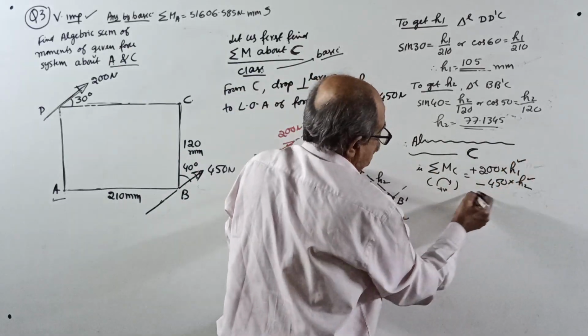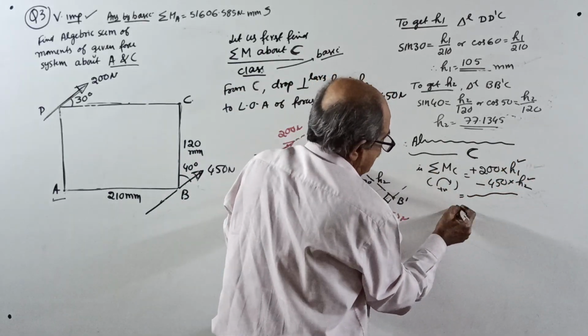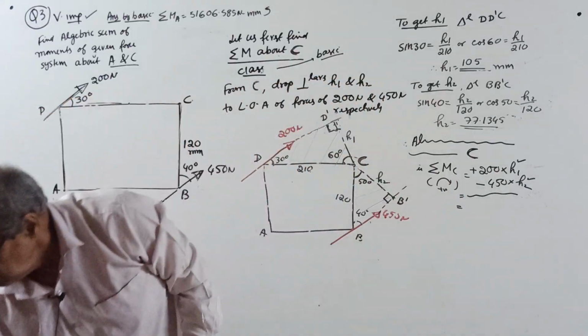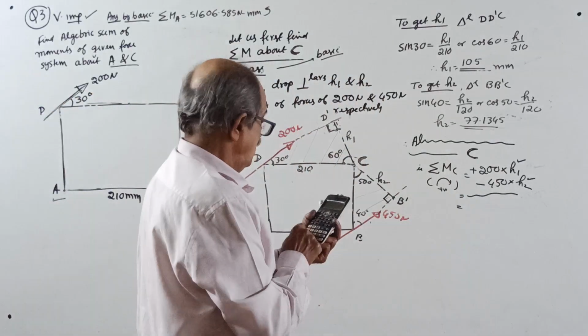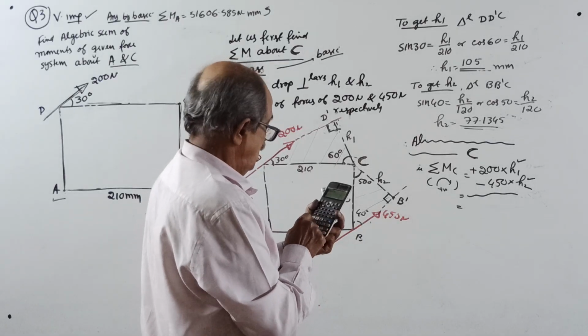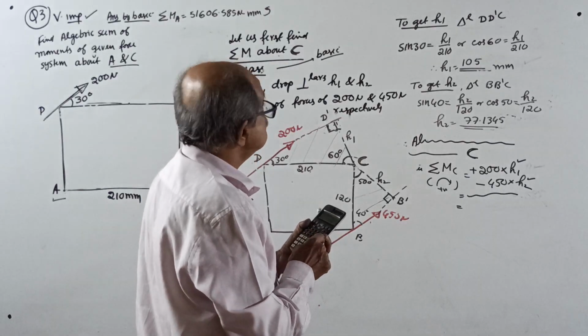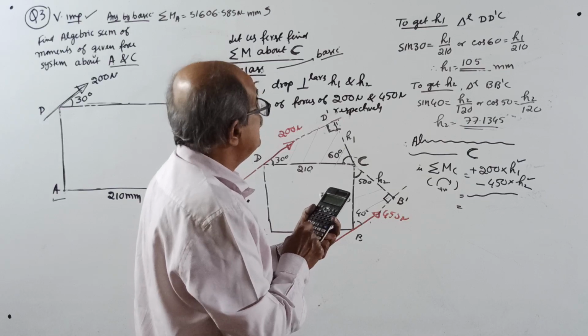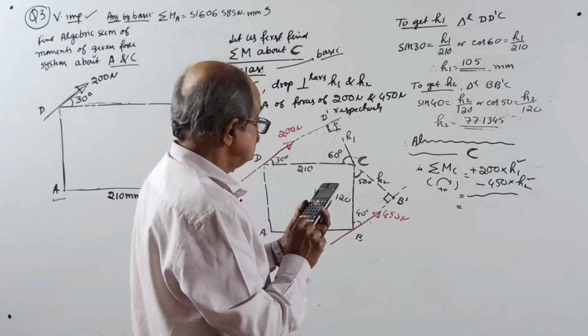H1 is known, H2 is known, show the calculation, get the answer. 200 into H1 is 105 minus 450 into H2. Where is H2? 77.1345.